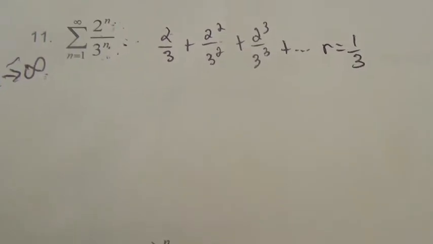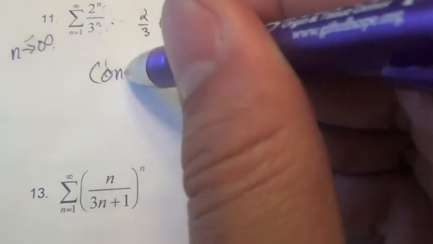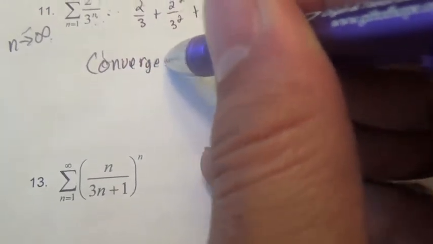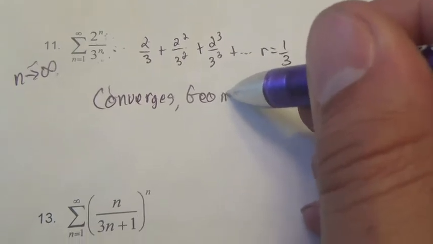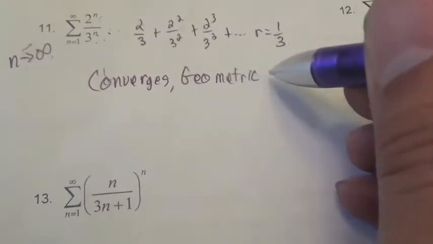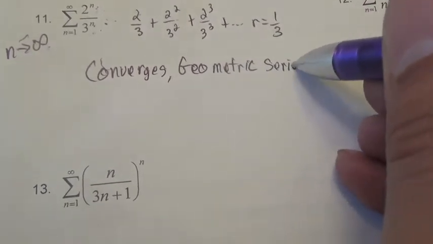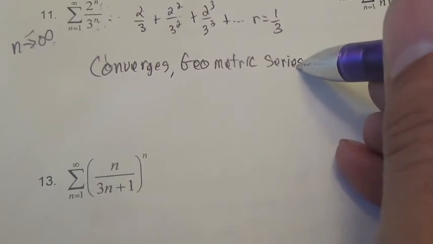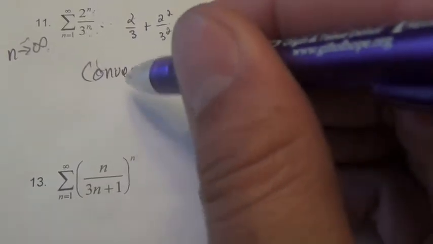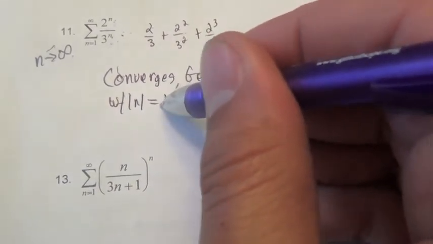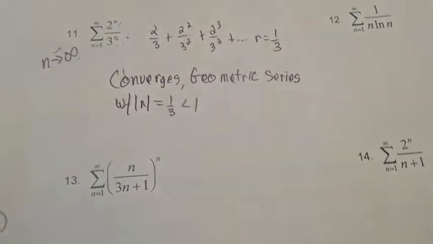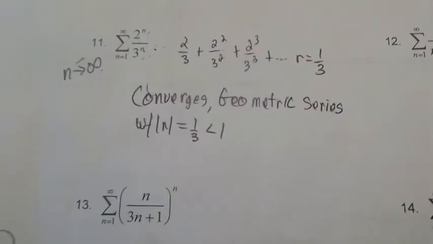That's good for a geometric series to converge. So we could then say that this does converge. It's a geometric series with the absolute value of our ratio equal to 2/3, which is again less than 1.